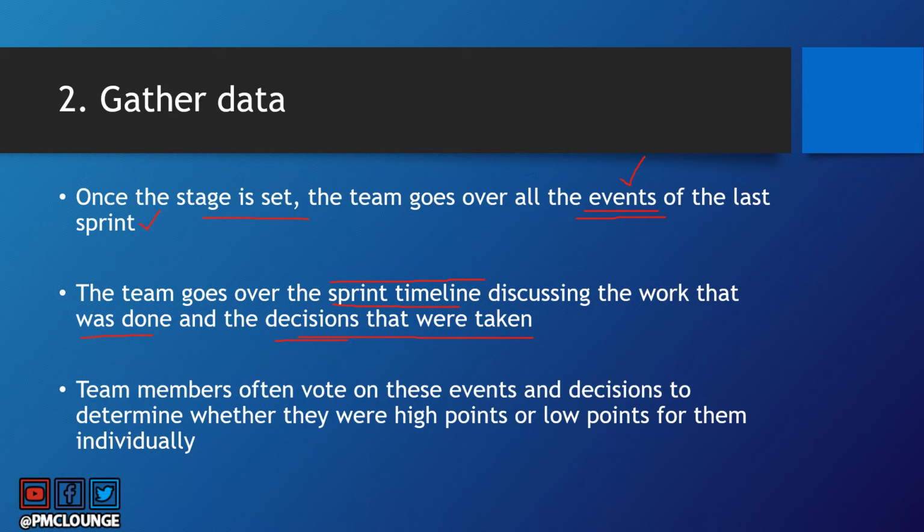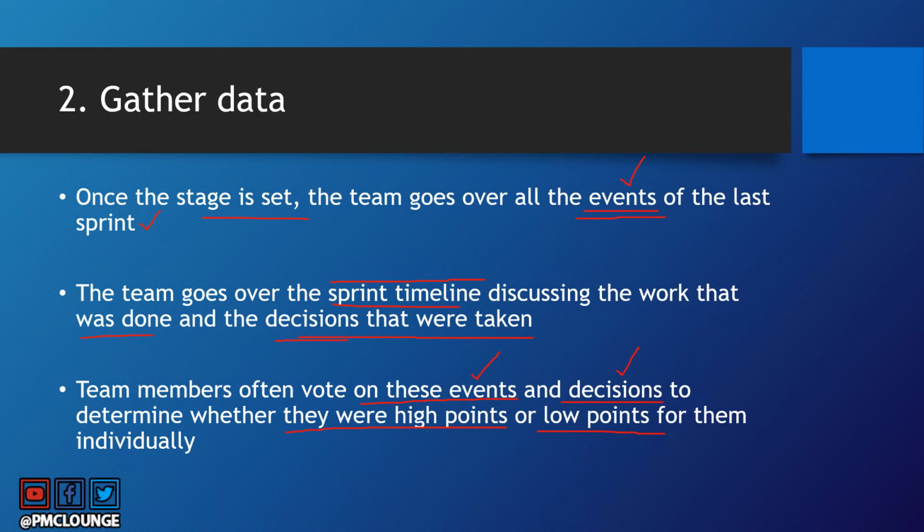Team members often vote on these events, so the milestones or whatever major events happened during the sprint. Team members are going to vote on both events and decisions to determine whether they were high points or low points for them individually. Now, this is very, very important.